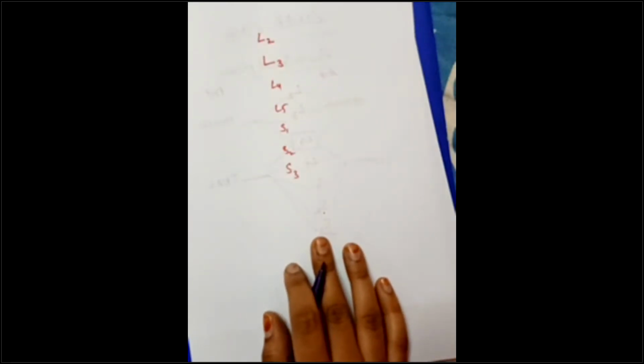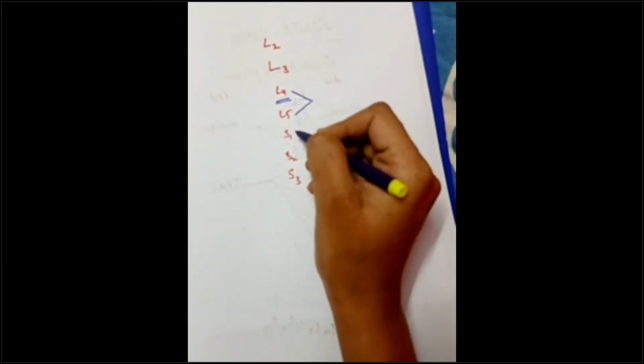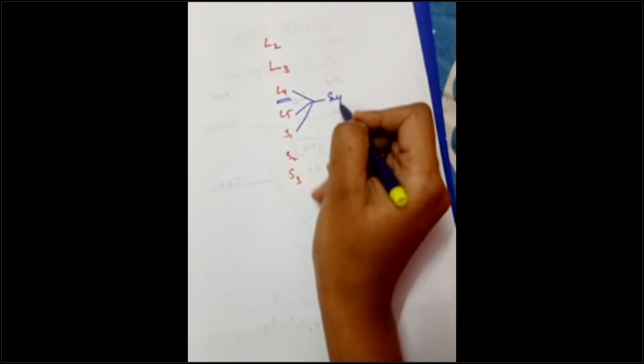L2, L3, L4, L5, S1, S2, S3 written. Done. Now we will be seeing superior gluteal and inferior gluteal. Superior gluteal, your L4 is the main funda here. So L4, L5, S1 superior gluteal.